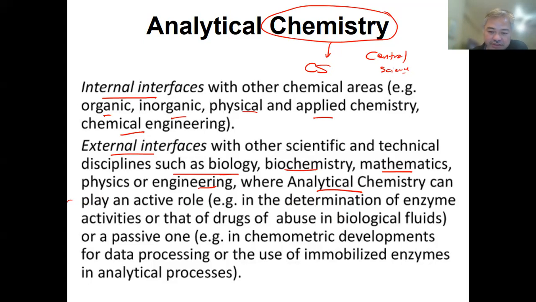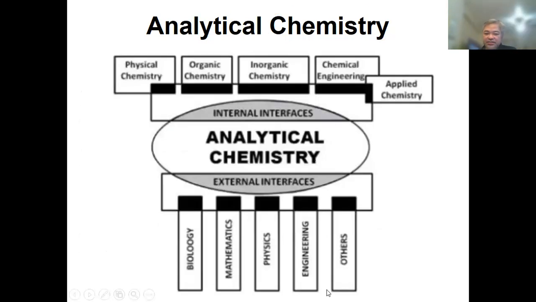Okay, so in the enzyme, let's say here, you can determine the enzyme activities or the drugs of abuse in biological fluids. Or a passive one in chemometric developments for data processing, or the use of immobilized enzyme in analytical process. So if you're going to look at this, ito siya.